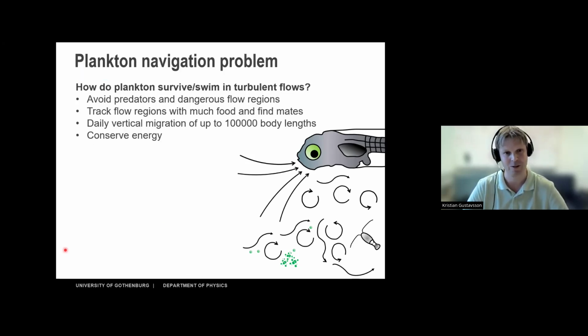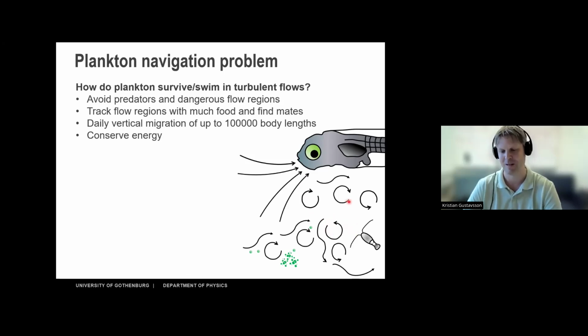Okay, so the plankton navigation problem is quite complicated. If you are a small plankton, like a zooplankton here, your aim is to navigate some flow structures, some turbulent flow, in order to find your food source and hopefully avoid dangerous predators.